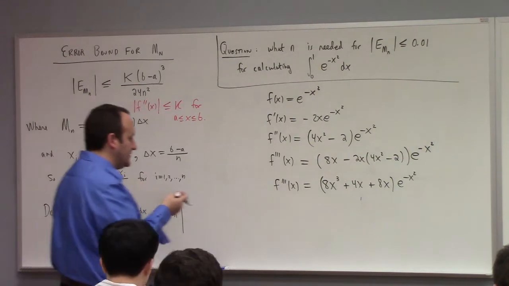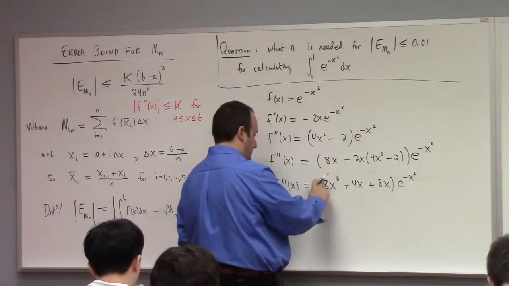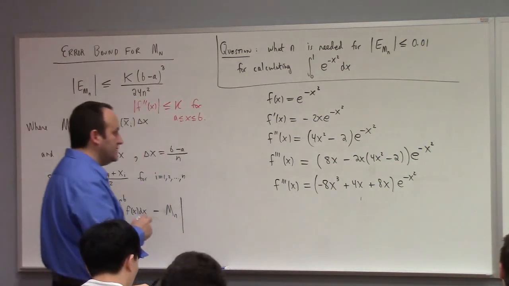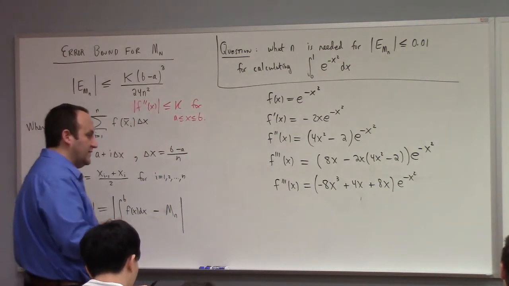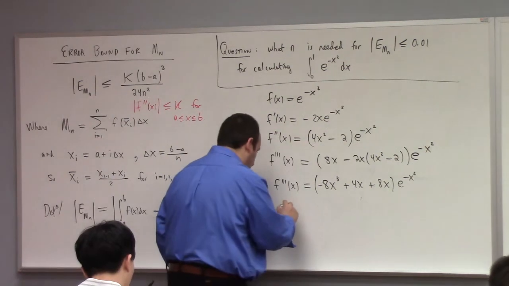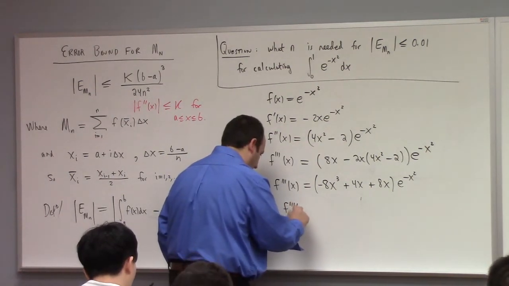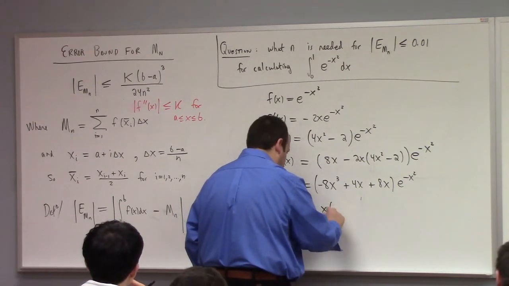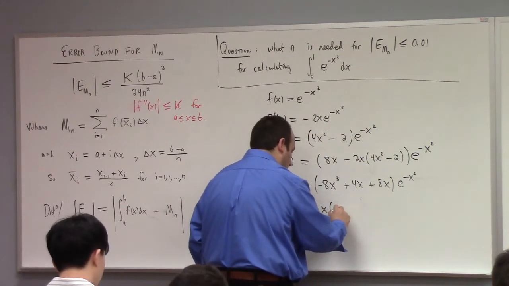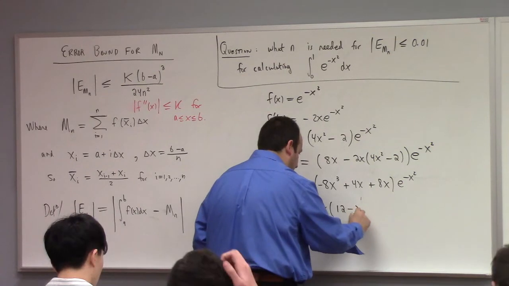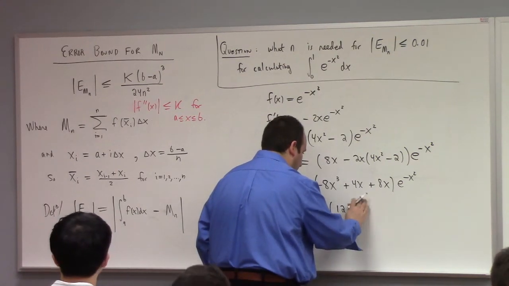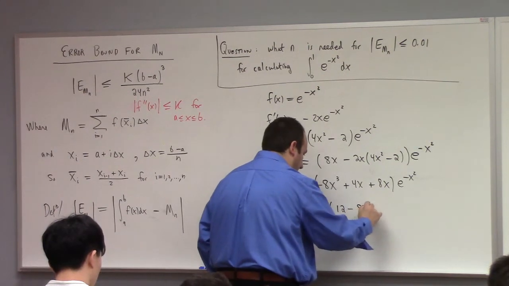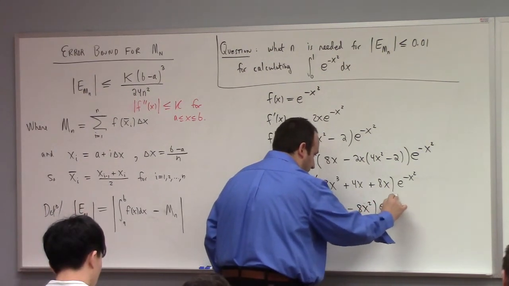Oh, that's a minus 8x cubed. That probably should take that into account. So we could simplify that further, right? The third derivative is, what is it? I can factor an x out, right? So it's x times 12 minus 8x squared.